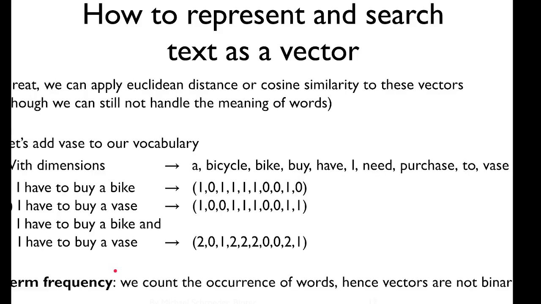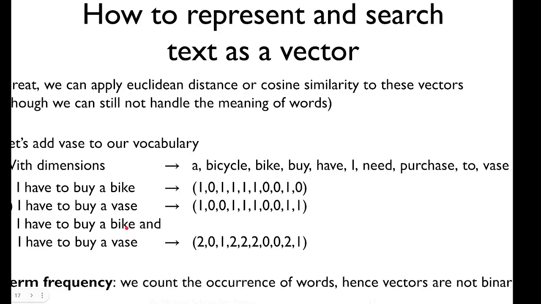But before we consider that meaning of words, let's go on and see whether such a binary representation of text as a vector is really sufficient. So obviously it's not, because a sentence like I have to buy a bike and I have to buy a vase, we have multiple occurrences of I have to buy a, and that should be reflected in the vector.